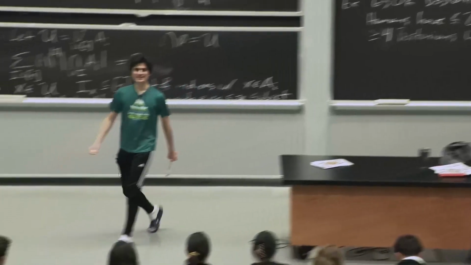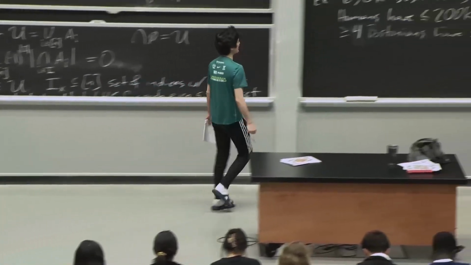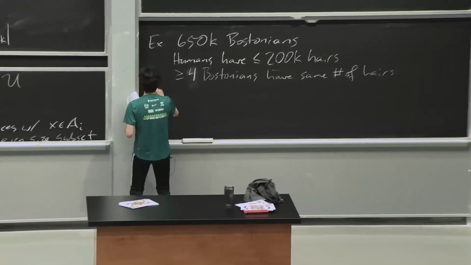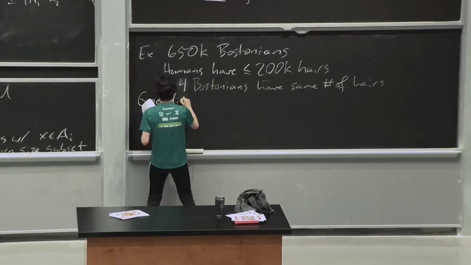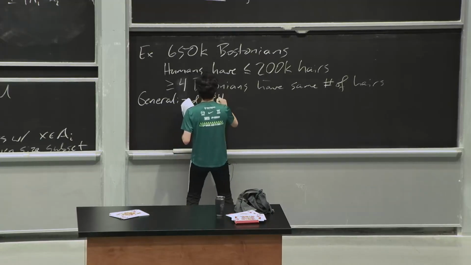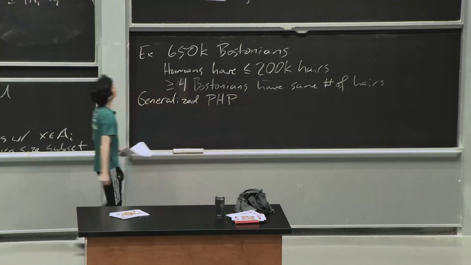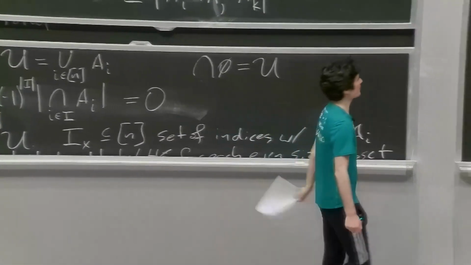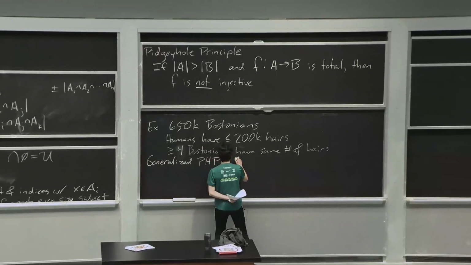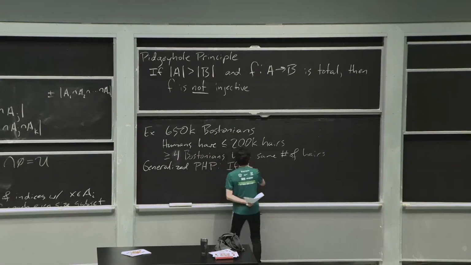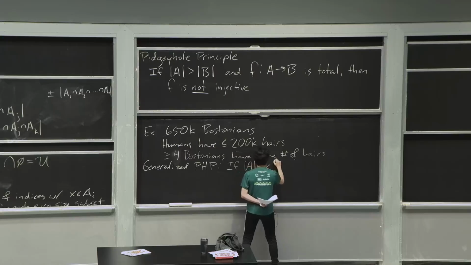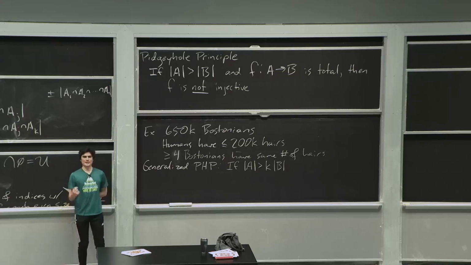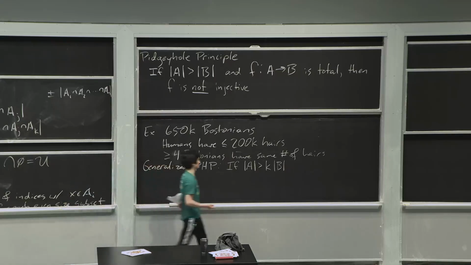So the question was, how did we get the 4? So this is what we call the generalized pigeonhole principle. Okay. So up here, we just said, if A is larger than B, but if we have the stronger condition that if A is larger than K times B, then we've got a K plus one-way collision, not just a two-way collision.